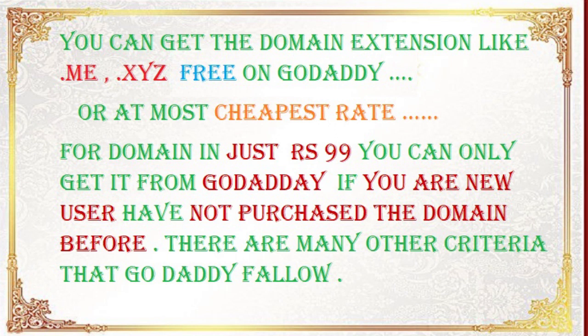You should have never bought any domain from GoDaddy. Then only it can give you a domain at 99. Okay, there are other criteria also. Your IP address should be unique and all. So check out its features before buying a domain. If you want the cheapest domain, if you're a new user, you can get it at 99. So this is the conclusion of how you can get the cheapest domain.